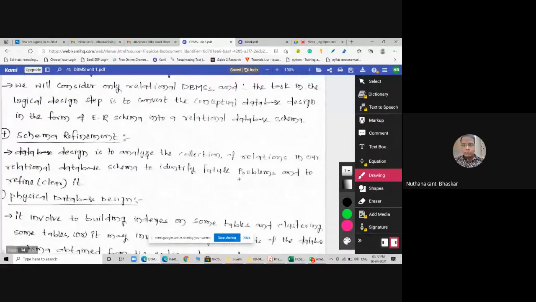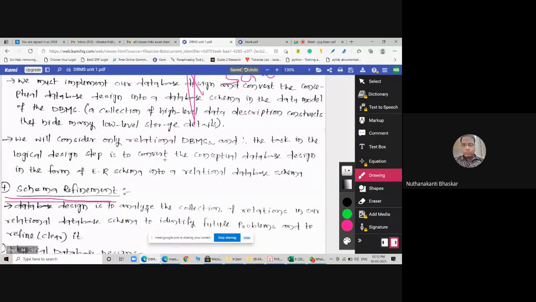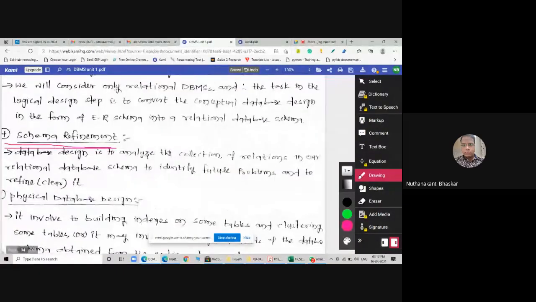Now after this, the fourth phase is schema refinement. What is the meaning of schema refinement? After construction of the relational model, sometimes it is not going to satisfy all the problems, so we need normal forms.